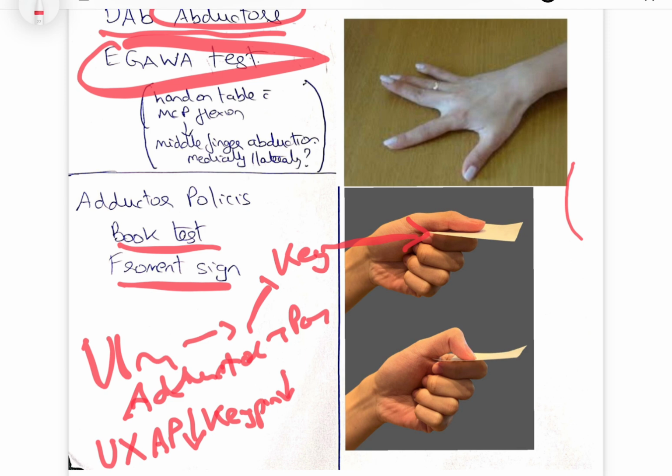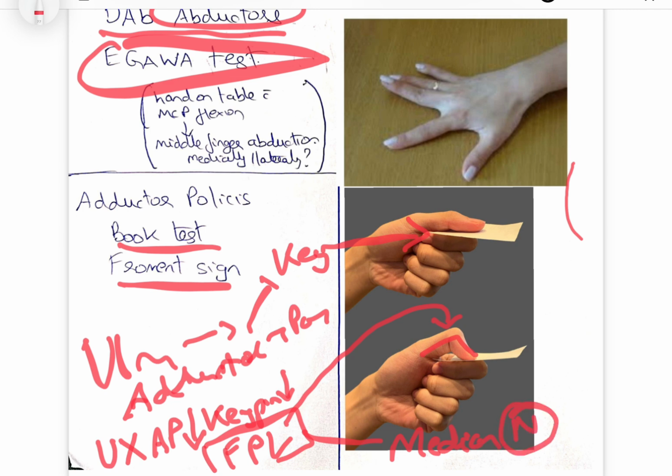Now, how does our body compensate? The body compensates by using the FPL, which causes flexion at the IP joint. Am I making sense? And how does the body use FPL? Because the median nerve is intact.